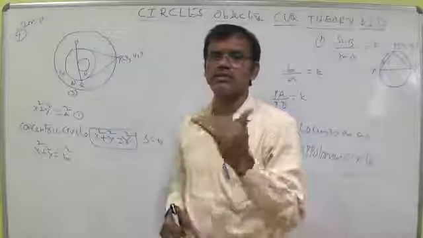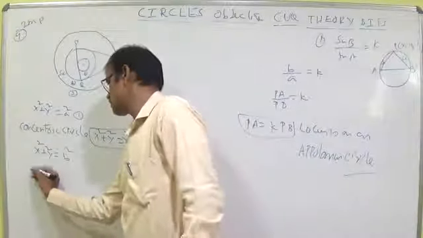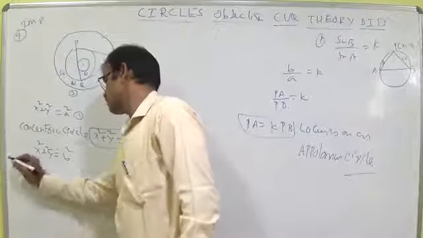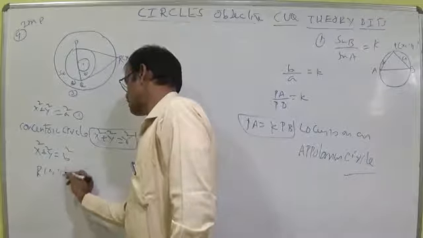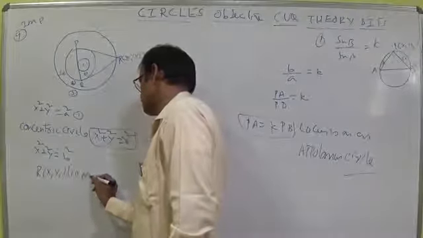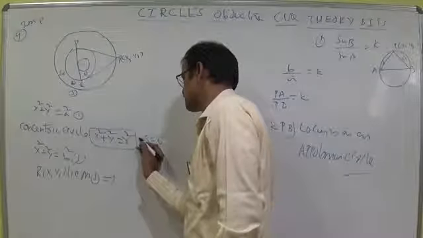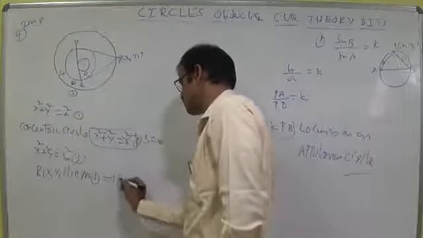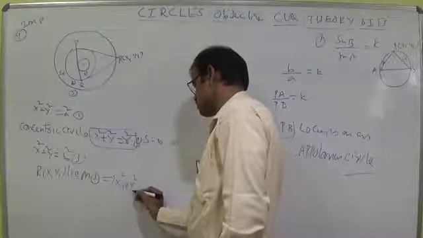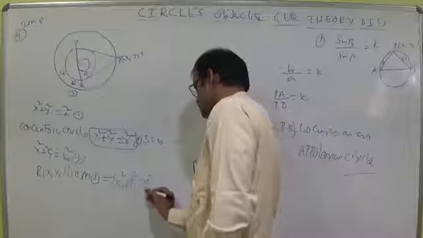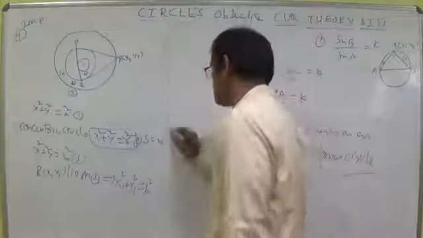R(x1, y1) is a point on the circle x square plus y square equal to b square, so R(x1, y1) lies on 3. So you substitute here: x1 square plus y1 square equal to b square.